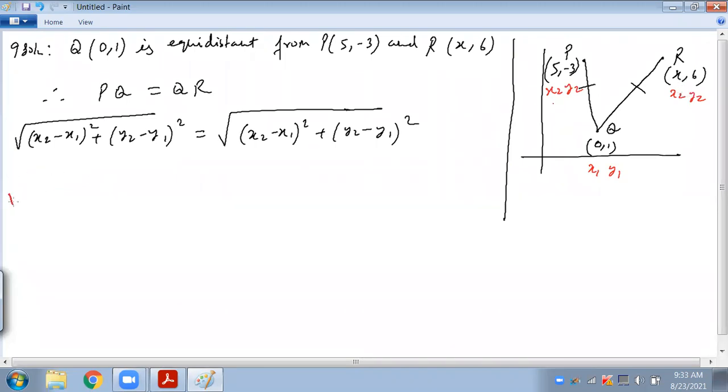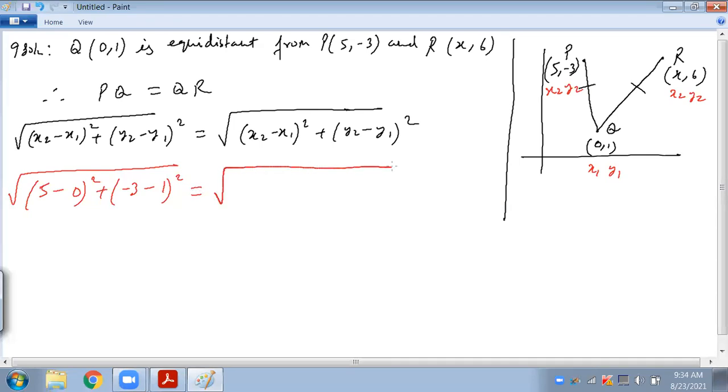Okay, now put the values. The left side is for PQ. Look at P and Q and put the values. X2 is 5 minus x1 which is 0, square, plus y2, which is minus 3, minus y1, which is 1.